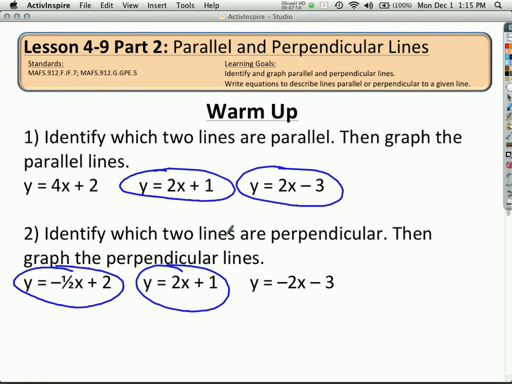Opposite reciprocals. Negative 1/2 and positive 2 are opposite reciprocals. Have to know that. Opposite reciprocals. That is why. Here's the other reason you knew why. Look at your graph. Because a bunch of you said the wrong pair of lines. Do your lines look perpendicular?